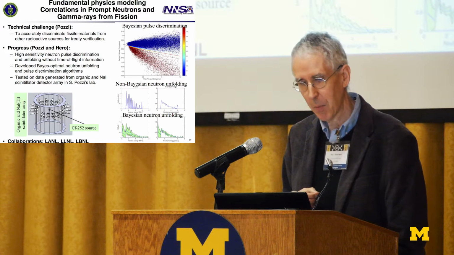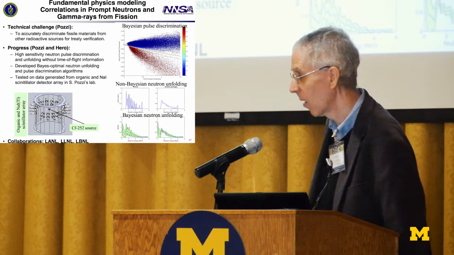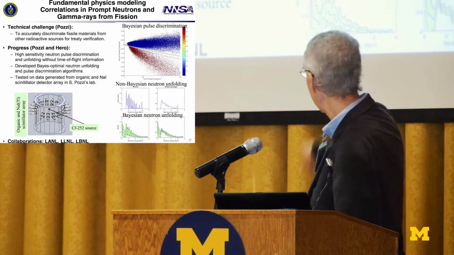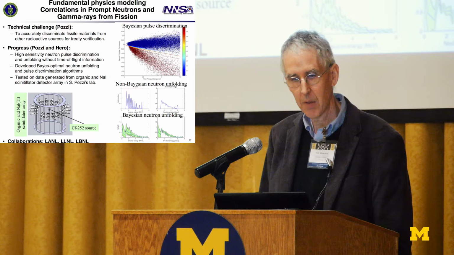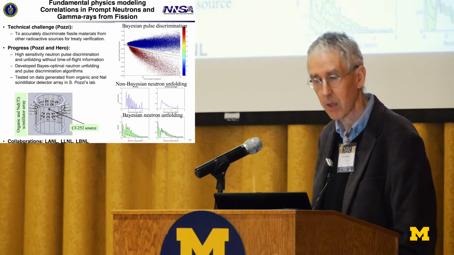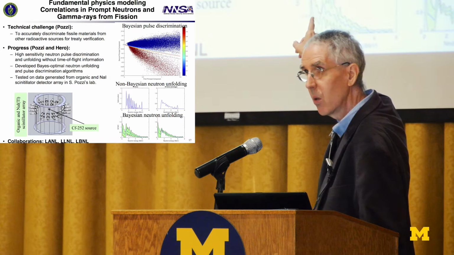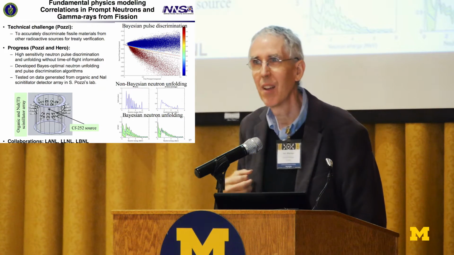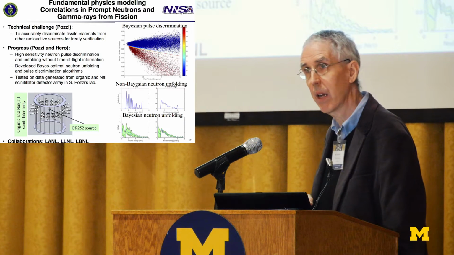Lots of our approaches here are Bayesian, and that leads to significant performance advantages, as you will see if you look at the poster. But one big advantage here, and I'll just show this picture over here on the top right, is that what you have in blue and what you have in red is the separation of gamma photons on top and neutrons on the bottom on a per pulse basis. This is a Californium-252 source with the organic scintillator array in Sara's lab. And each one of these dots corresponds to a particular position in the principal components area for PCA on the pulse energy spectrum.